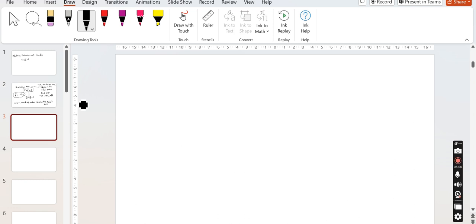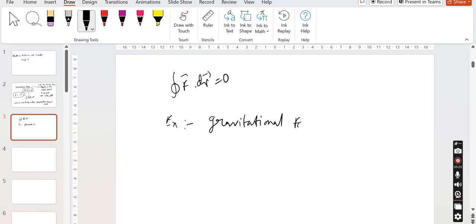So basically that means the integral of F dot dr is equal to 0. Some examples are gravitational force and elastic forces.